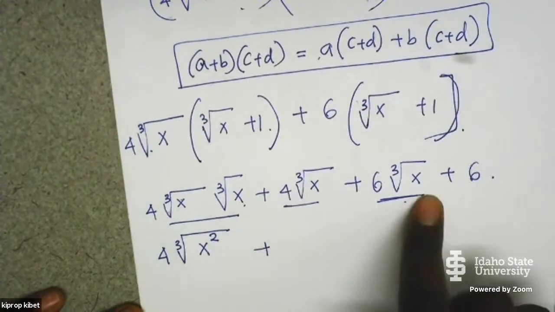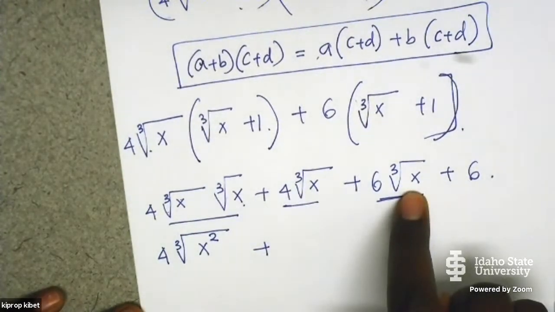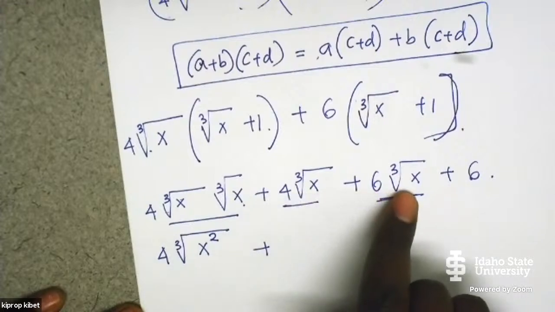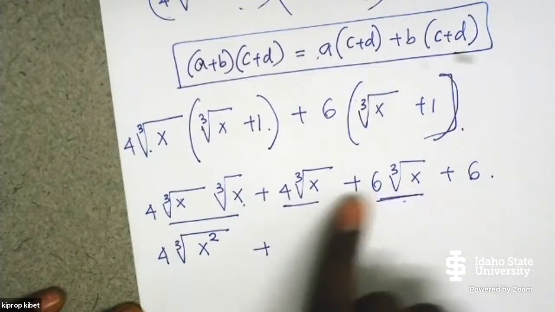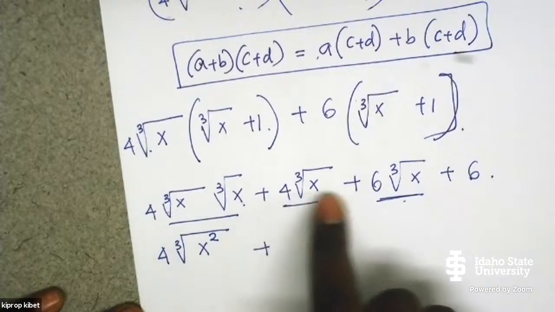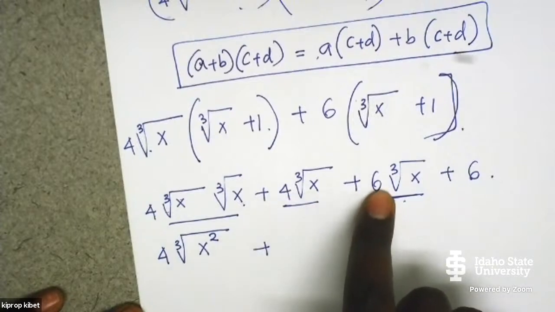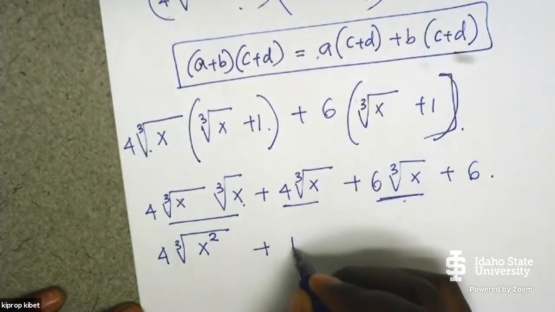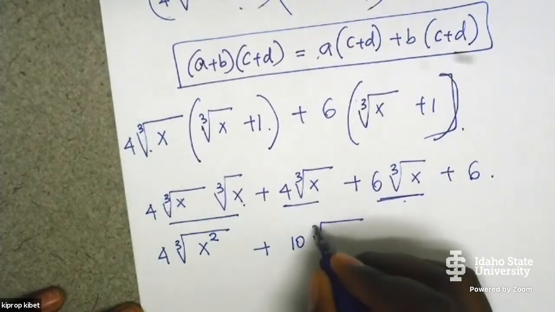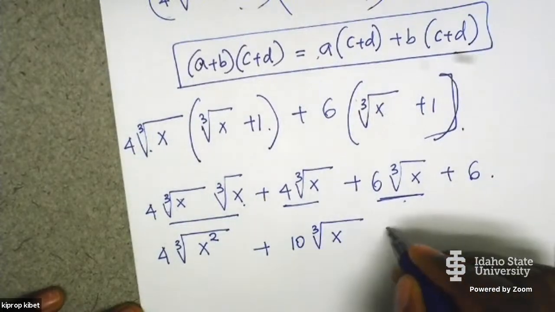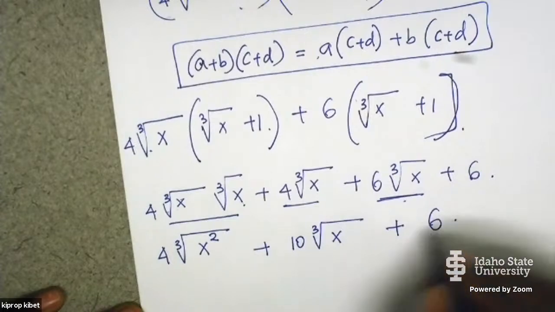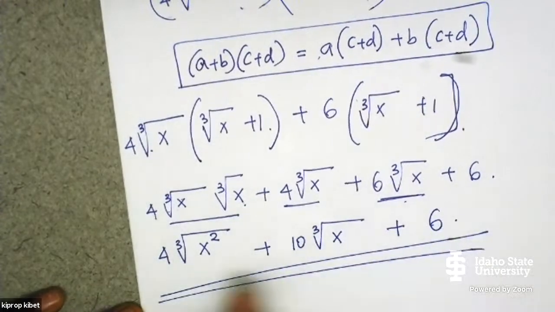These are similar, right? So when you factor out the cube root of x, that means you are adding now 4 and what? 6, which will give us 10 the cube root of x, and then plus what? 6.